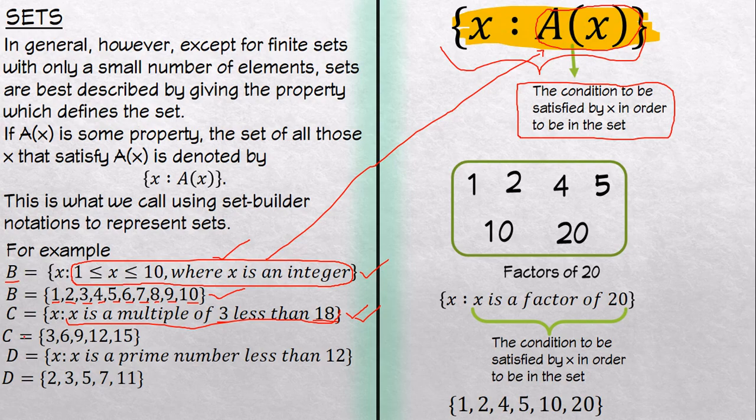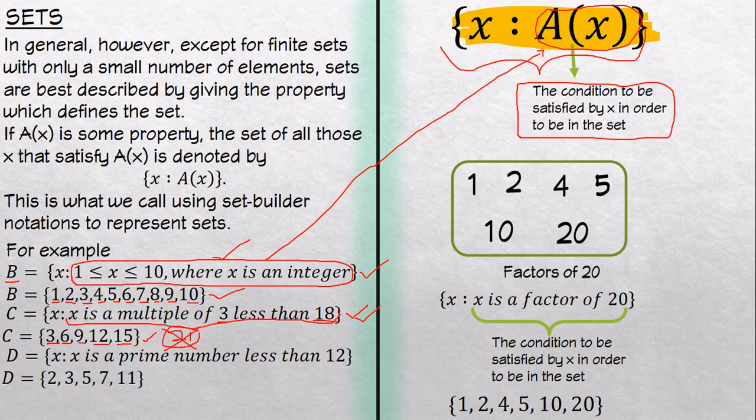So the elements are 3, 6, 9, 12, then 15. If you are a multiple of 3 and you are not less than 18, for instance 21, which is a multiple of 3 but is not less than 18, then it cannot be in this set.